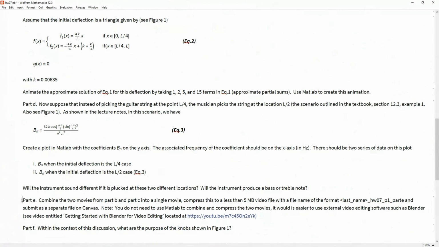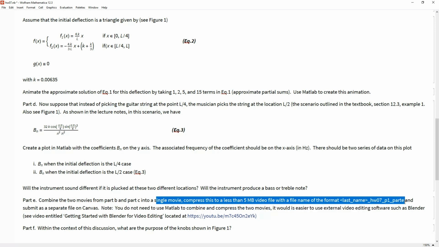So for part Bravo and part Charlie, you don't have to turn in anything, because part Echo involves taking those two animations, making a single movie smaller than 5 megabytes, and uploading it to the website with a very specific name so that we can see it. Again, all I want to see is that you were able to successfully create a movie on your machine.